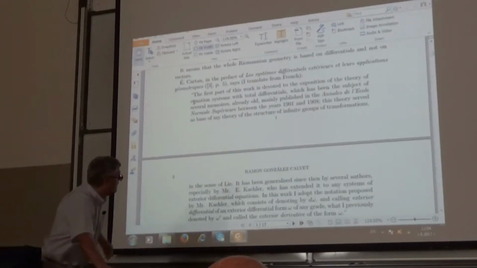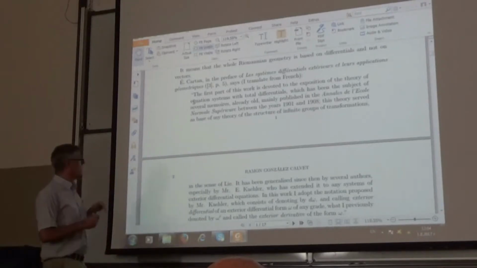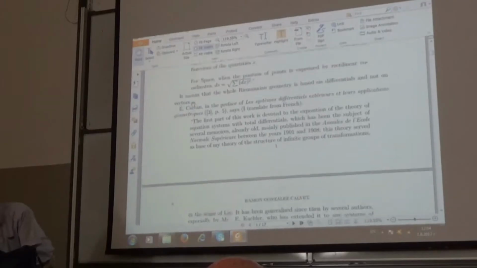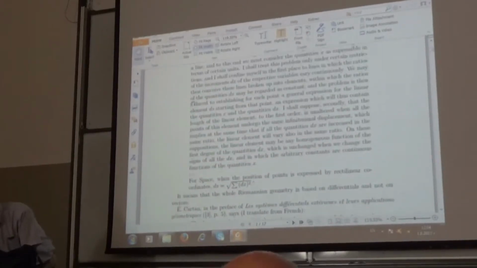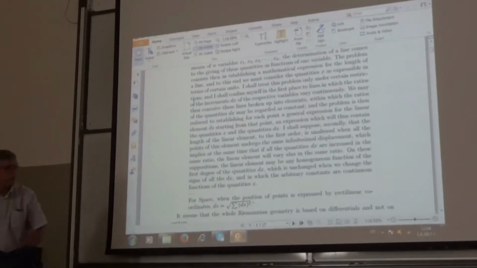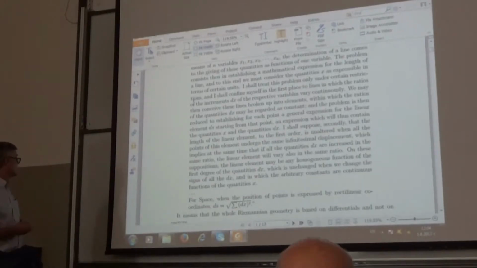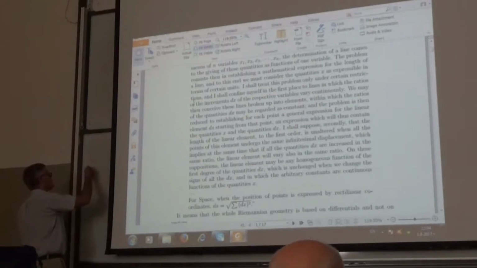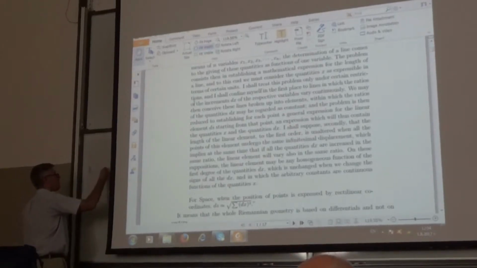We have Riemann. This is a graph of Riemann, about the geometry derivatives, translated by William Clifford. Okay, so we have Clifford.